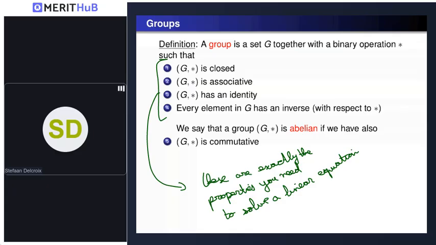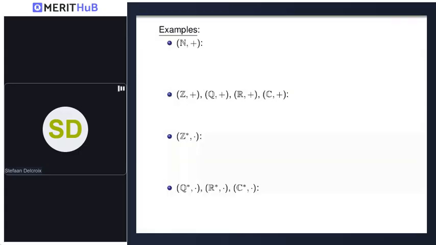Well, let's have a look at our examples. I know this is a lot of stuff in one day, but we're not seeing anything new anymore. We already know all the properties of our numbers under addition and multiplication and of the matrices. So we're just putting it all together and seeing what we have.